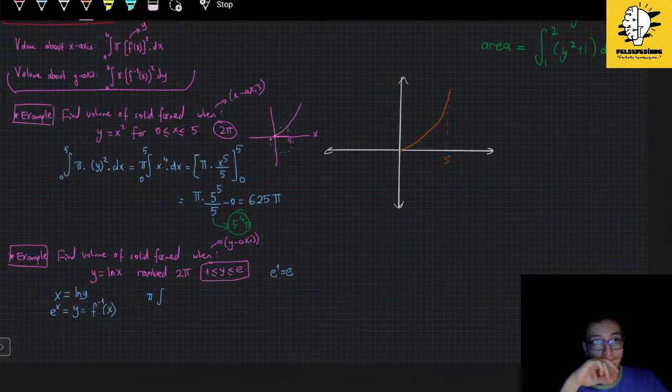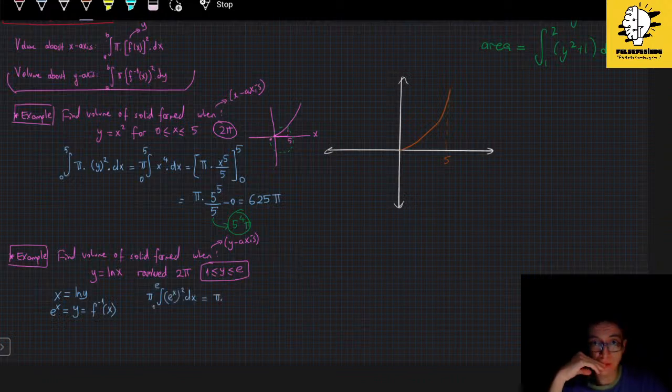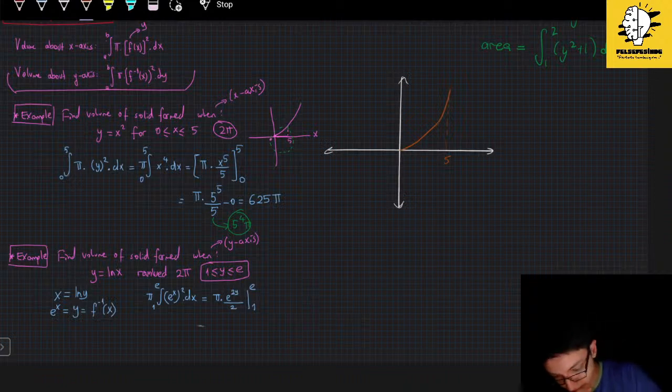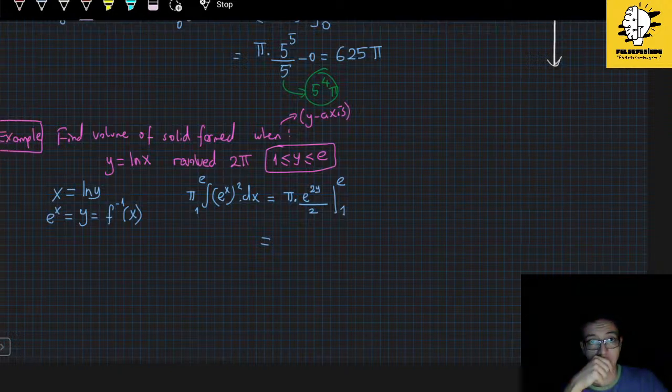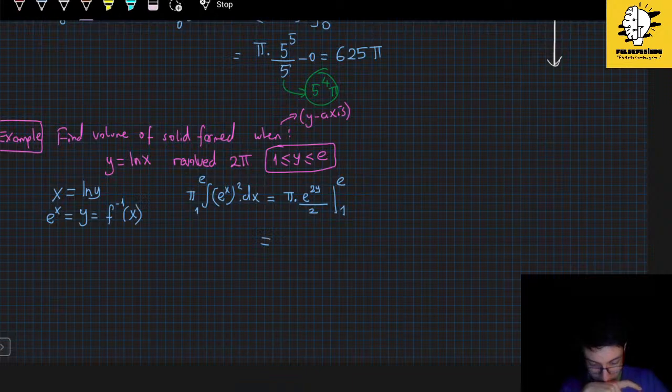And when we do that, we will find that it is pi times e to the power of 2e over 2, also minus e squared over 2. Yeah. This is our final answer.